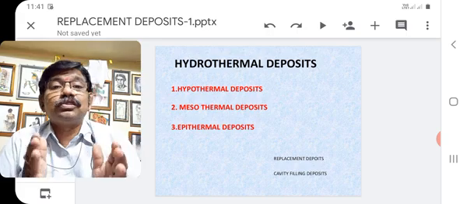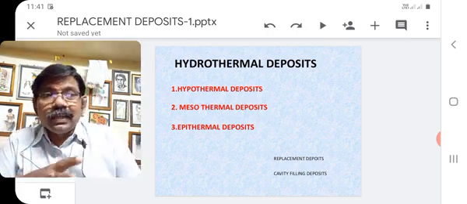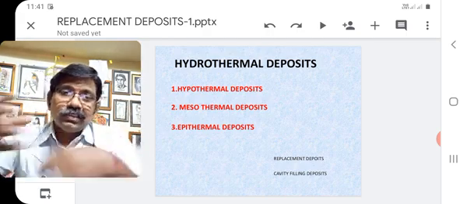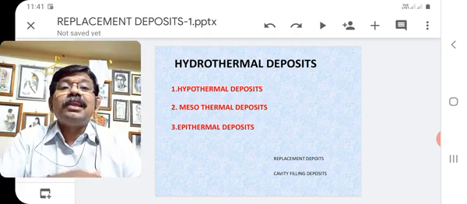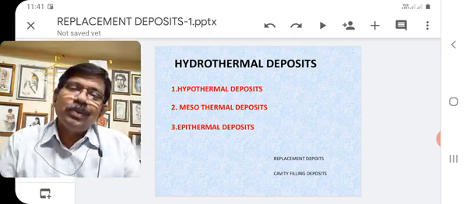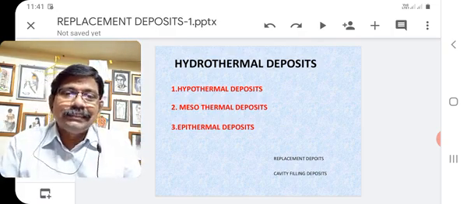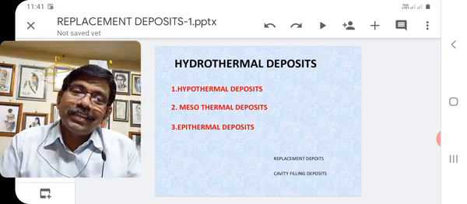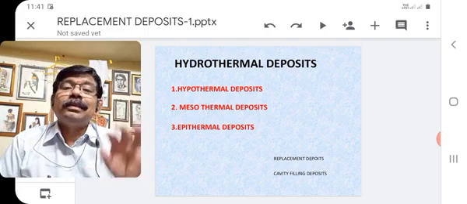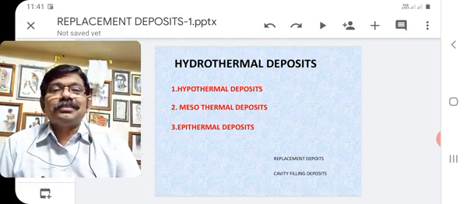How much force, how much pressure, how much temperature. You have to dilute it and send it outside. In the solution, it will melt. In that place some gold or tin or copper or lead or zinc or barite or calcite will be deposited. These minerals and metals are all formed due to these hydrothermal deposits.